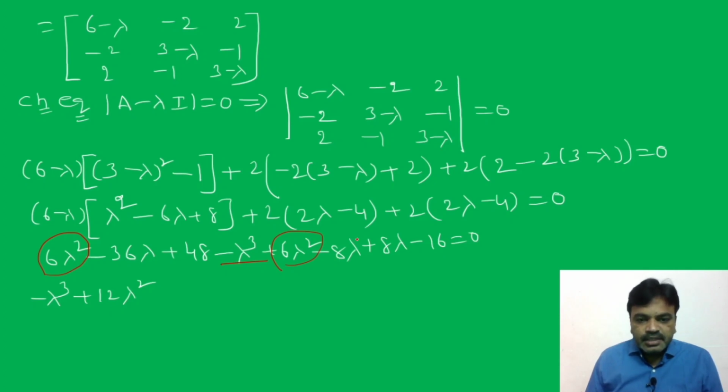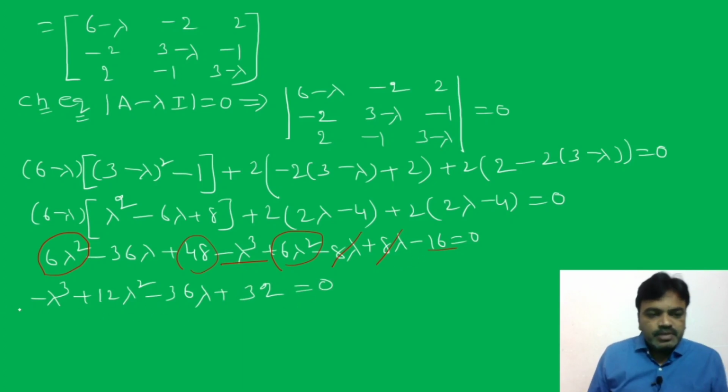So clearly here minus 8 lambda plus 8 lambda cancel. We get minus 36 lambda. Now plus 48 minus 16. That means we get plus 32. That is equal to 0. Simply multiply with minus here.